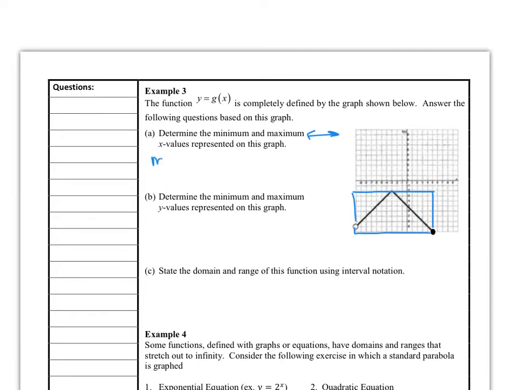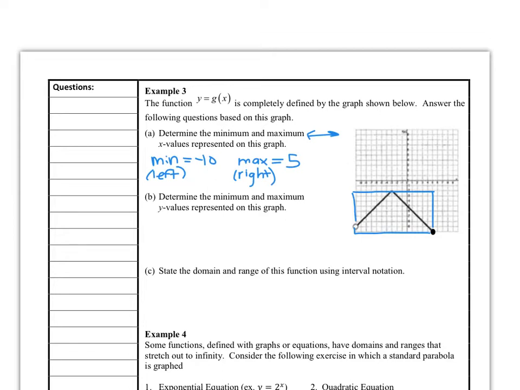So the minimum x value is on the left, and it looks like negative 10. And then the maximum x value is going to be on the right, and that looks like 1, 2, 3, 4, 5. All right, so then we're looking at the min and the max for the y values.